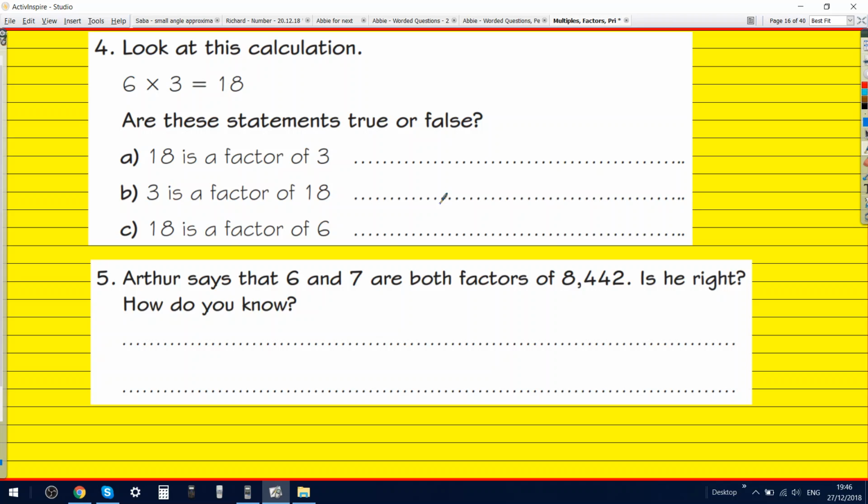Well, 6 times 7 equals 42. And then double that. So you can just go straight away, see if that goes into 84 and 42.